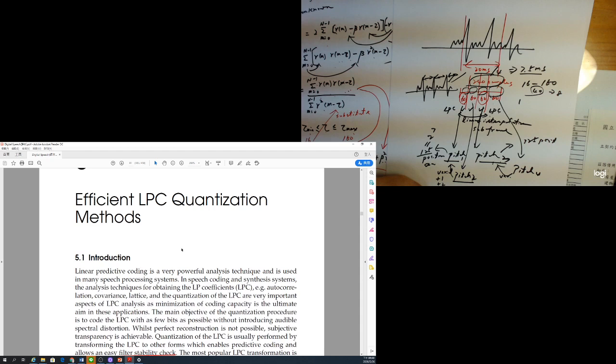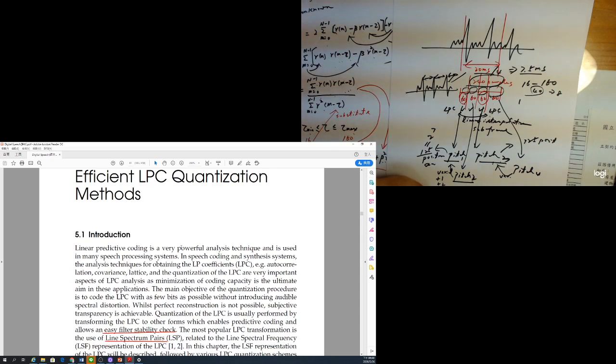Okay, so this one is our chapter 4. We got a pitch coefficient, and also a short-term prediction coefficient and a long-term prediction coefficient. Our main purpose is to do the encoding. So right now we have to think about how to encode them.